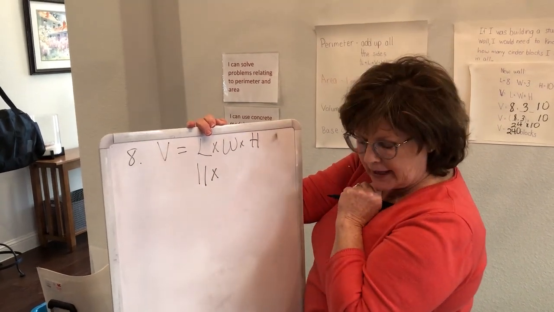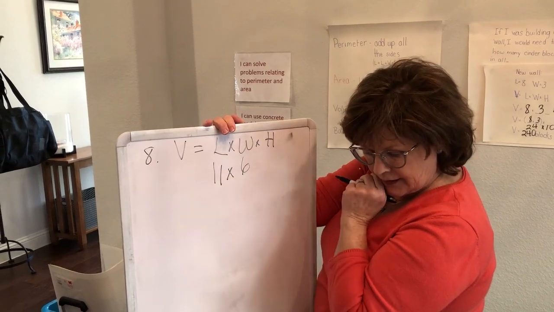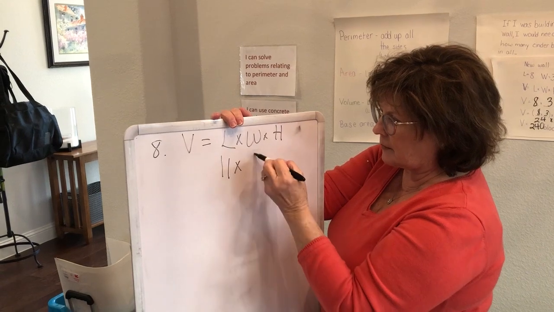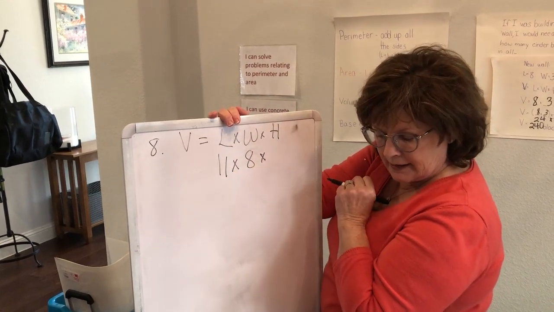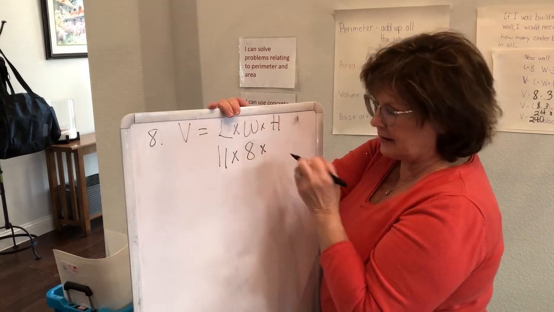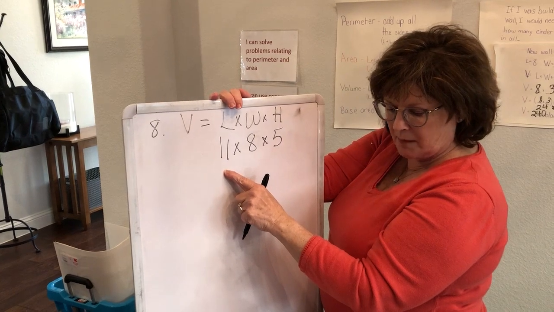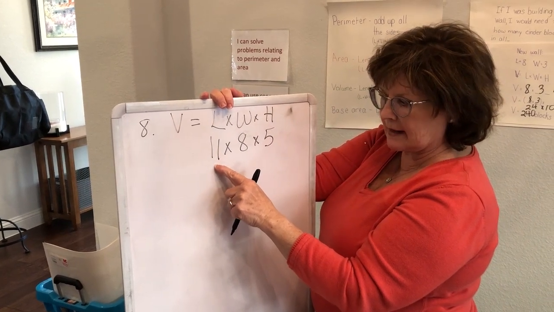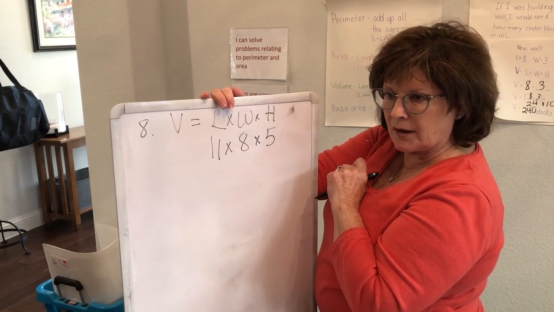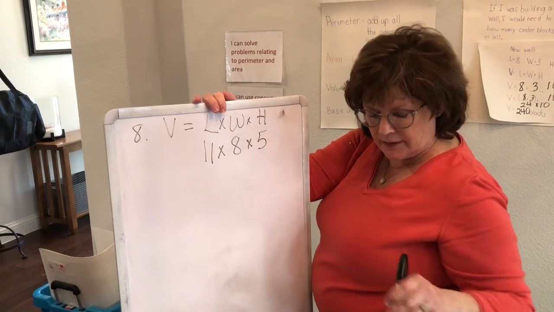And how many, Jaden, are in the width? 8, very good. I'm sorry, I looked at the wrong problem. And the height, how high is it, Sarah? That's right, 5. Very good. So if you found the problem that says volume equals 11 times 8 times 5, you would have the right answer. Braylon, what's the right answer? That's right, B. Very good.